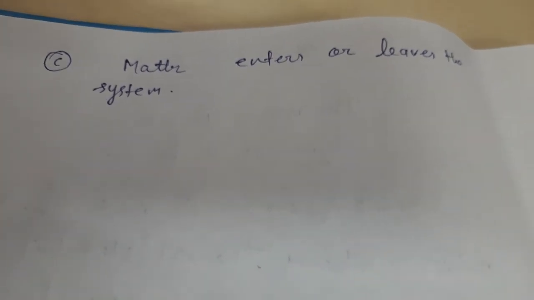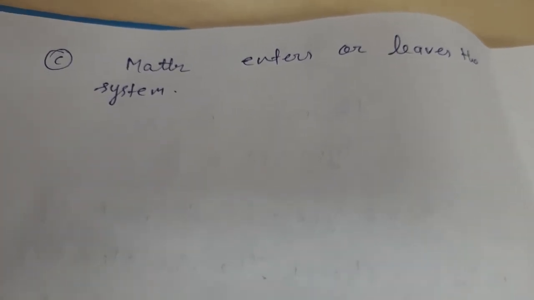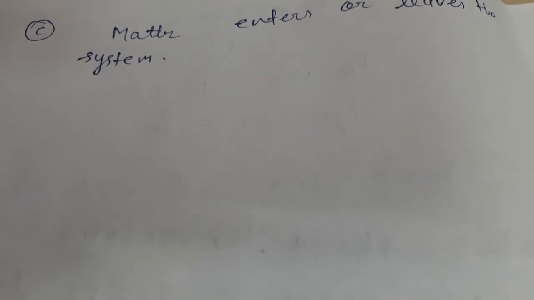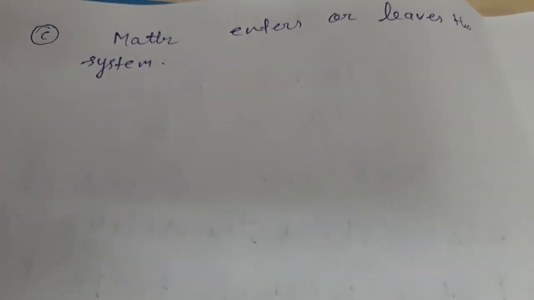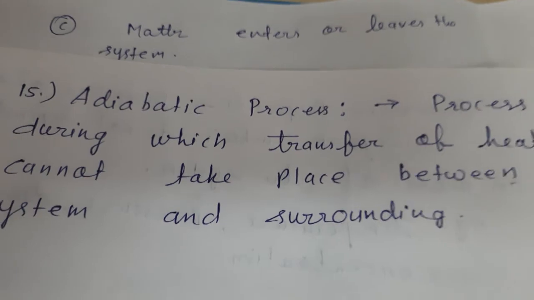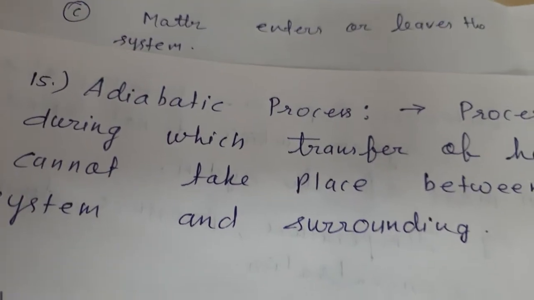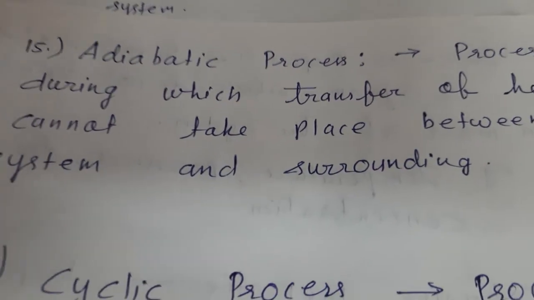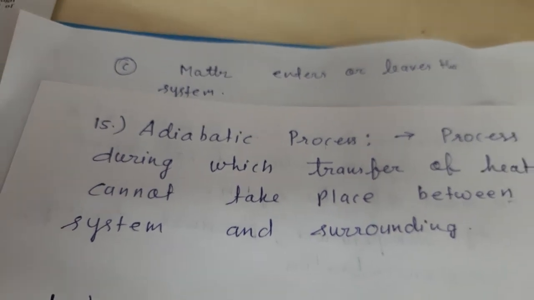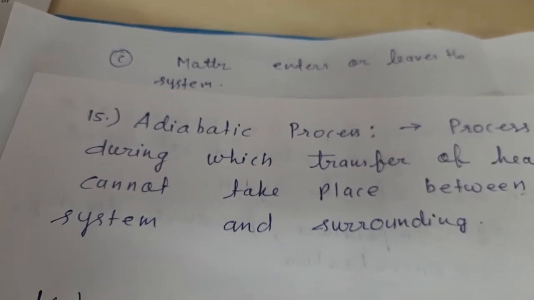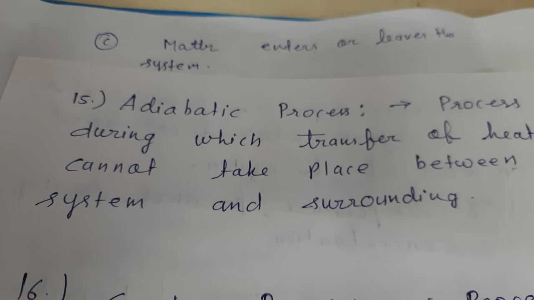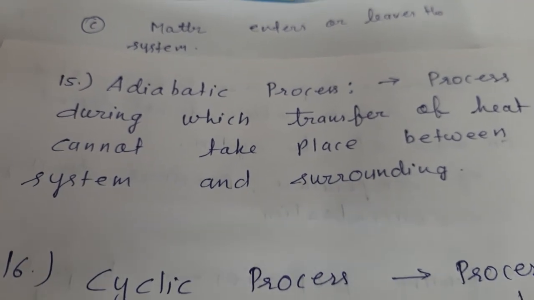Okay? Here I have written also in your definition page which I will send you. Adiabatic system में क्या है बेटा? The process during which transfer of heat cannot take place between the system and the surrounding. So such a system is known as adiabatic process. एंड जो इसकी वॉल है दैट इज नोन एज एडियाबेटिक वॉल.